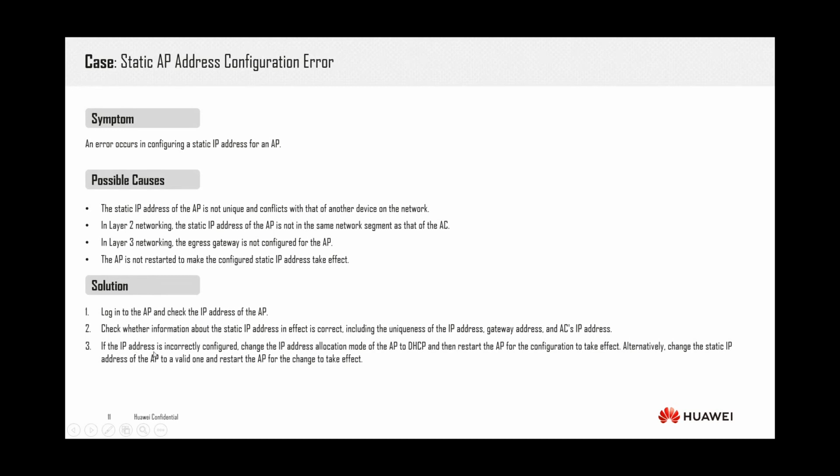And if the IP address is incorrectly configured, we can change the IP address allocation mode to the DHCP mode and then restart the AP for the configuration to take effect. Or what we can also do is to change the static IP address of the AP to a valid one and restart the AP for the change to take effect. So always remember you need to restart your AP when you need your change to take effect.